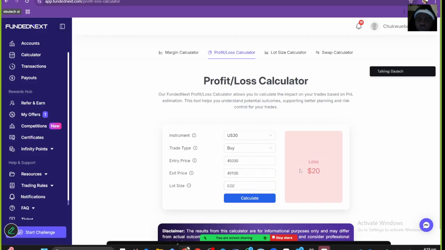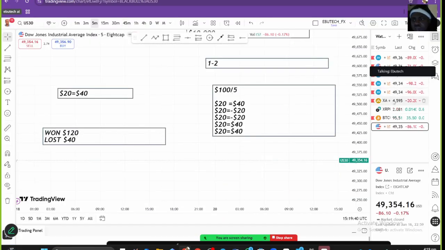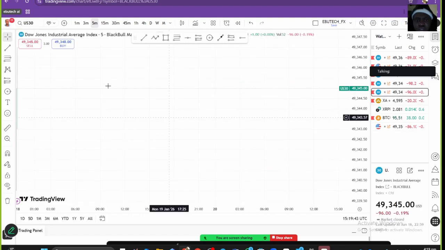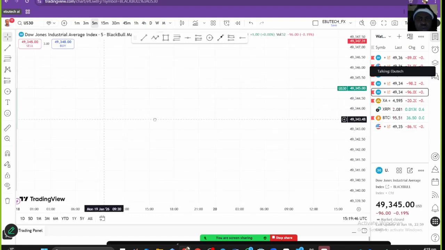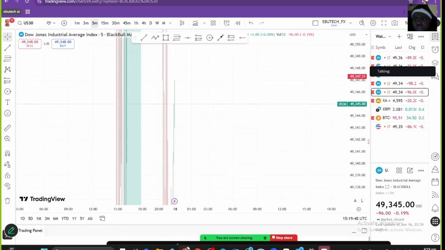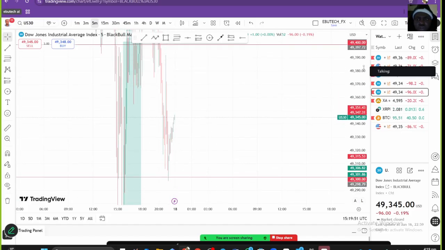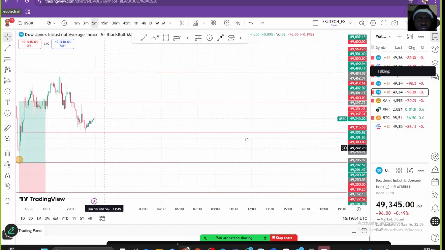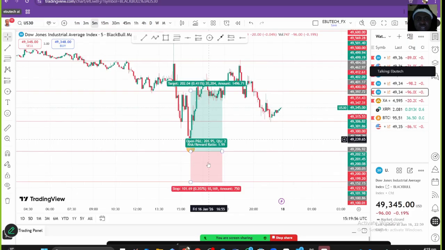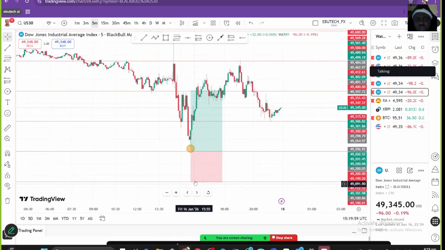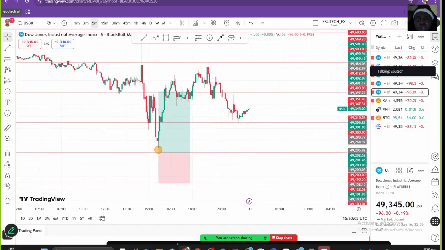Can you see that once you input your loss size of 0.02, you see loss $20. You see how much you are going to be losing if this trade doesn't go our way. This is how much you are going to be losing: $20 for a $10,000 account.